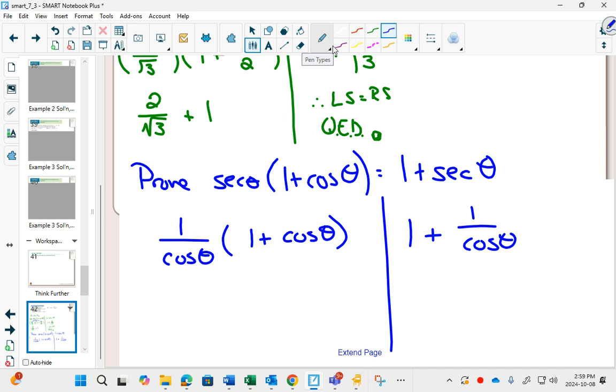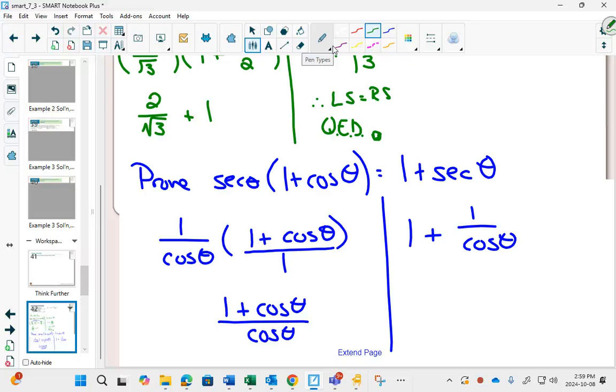Then I would say, okay, I want to get a single fraction. Can you see that this 1 plus cos theta could be all over 1? And if I multiplied fractions, I would multiply the tops and multiply the bottoms. And on the right-hand side, I'm adding fractions. I need a common denominator. I'm going to make a tiny mistake, and we'll see if we can find the tiny mistake at the end.